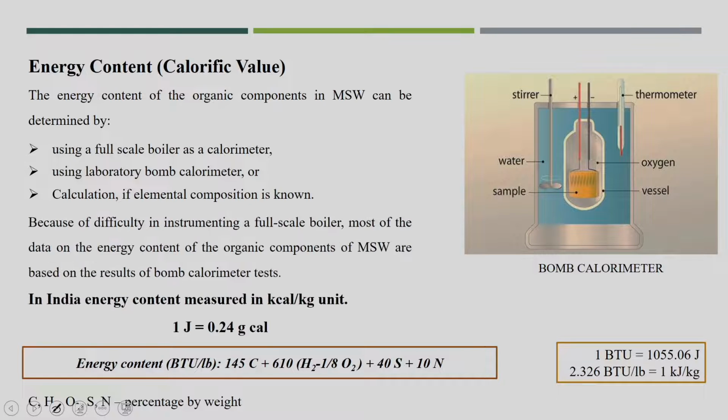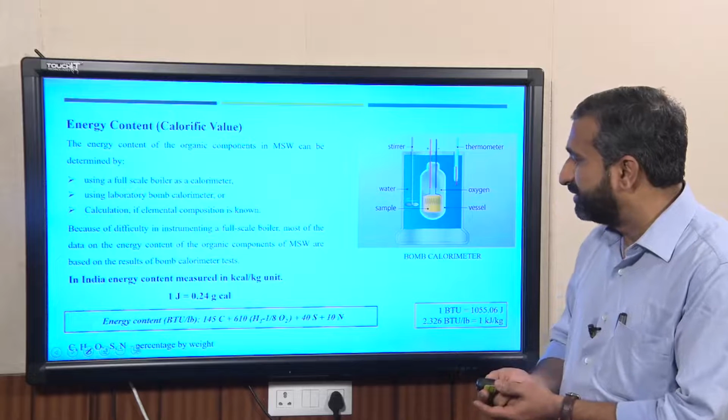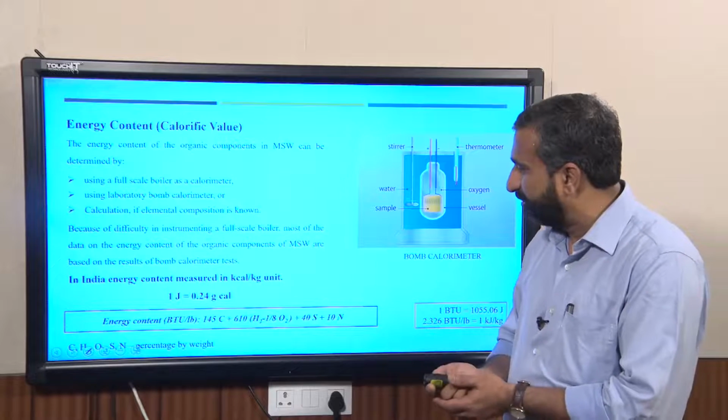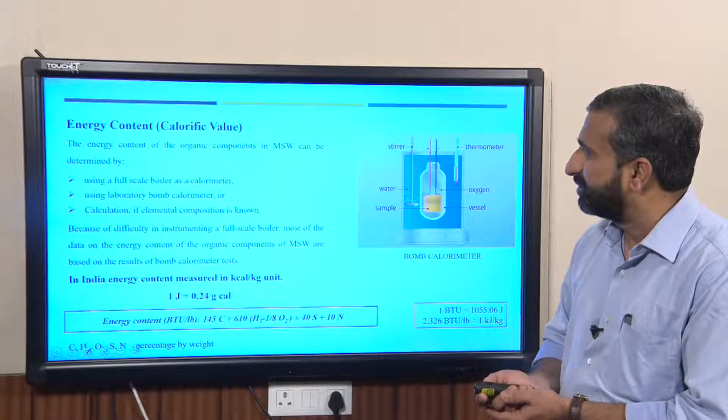But in India we analyze by the bomb calorimeter, and the energy content is measured in kilocalorie per kg. This is the unit we use in India, kilocalorie per kg. So, 1 joule is equal to 0.24 calorie. This is just for understanding.